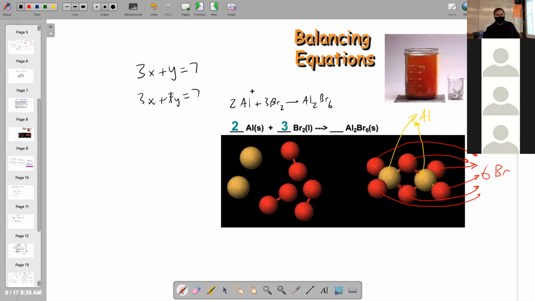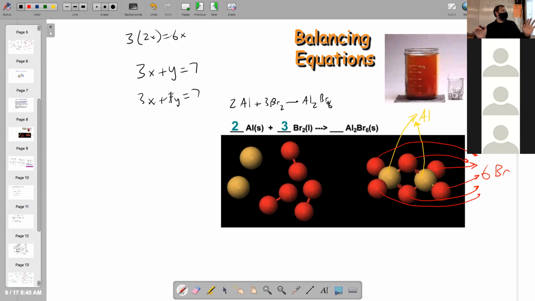And then, much like in an algebraic equation, if you write 3 times 2x, that's the same as 6x. Here, because there's a 3 before the bromine and a 2 after, 3 times 2 gives you 6. So 3 times 2 is 6 bromines, and over here there's 6 bromines. So that all works out.